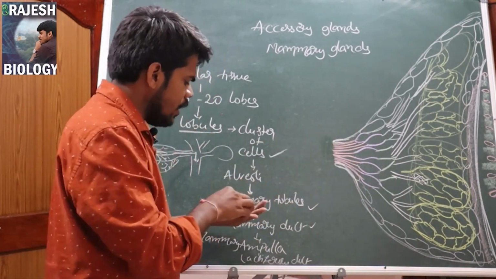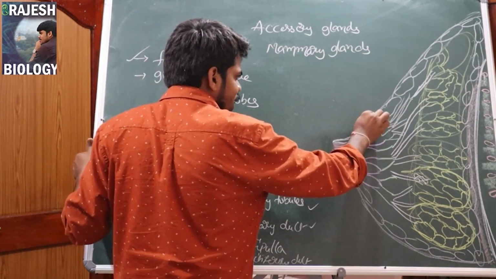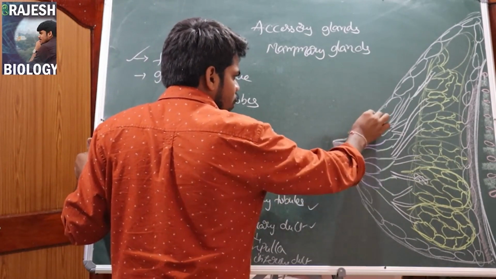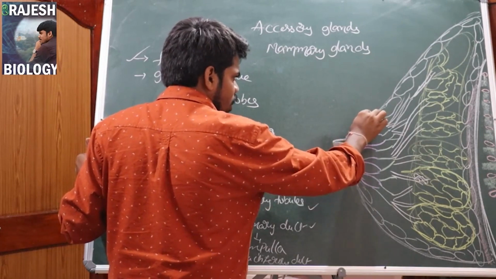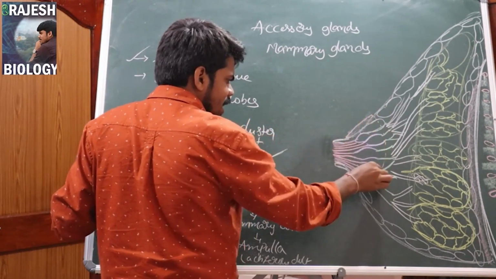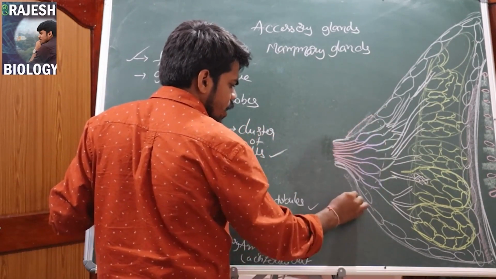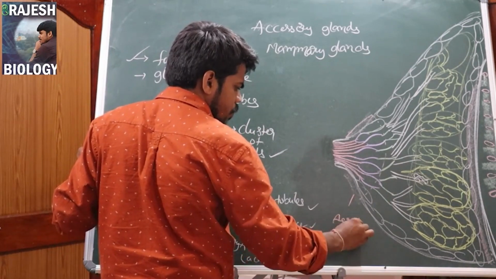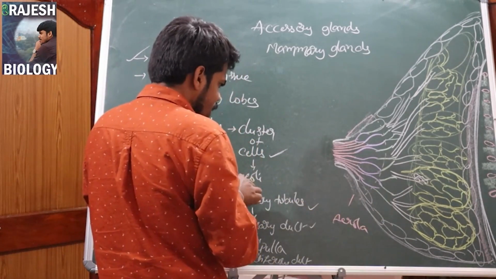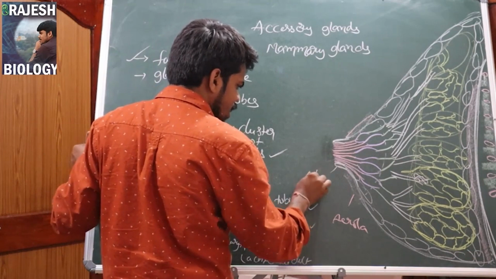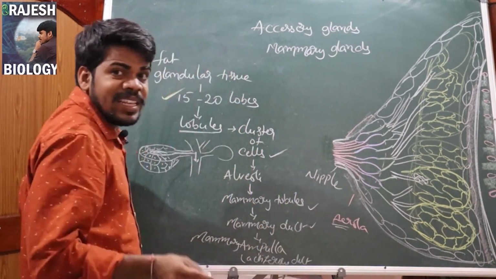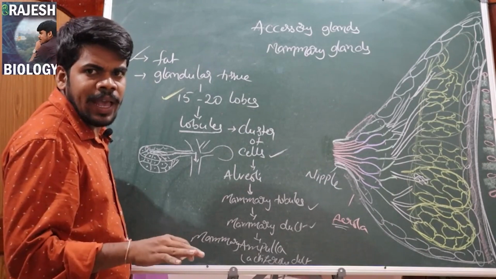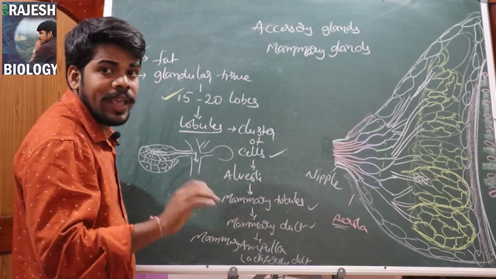Around the nipple there is a dark reddish brown color area. That is called the areola, and this is the nipple. Areola is the area of the mammary gland where there is no hair.